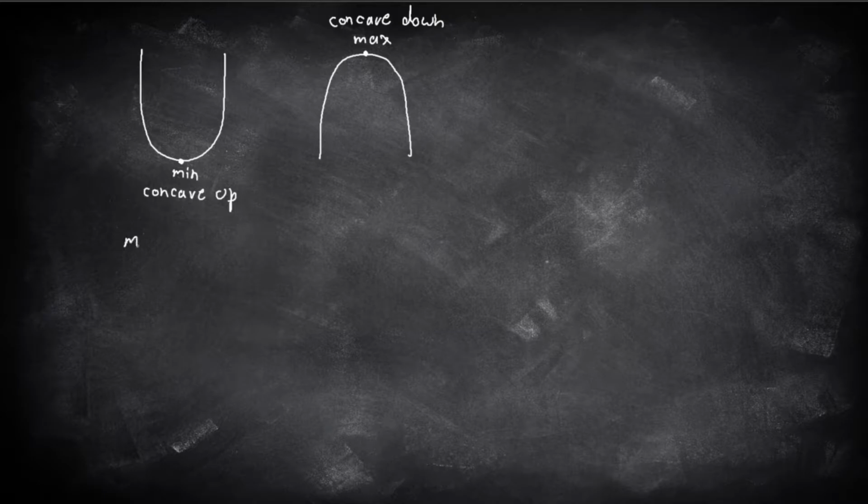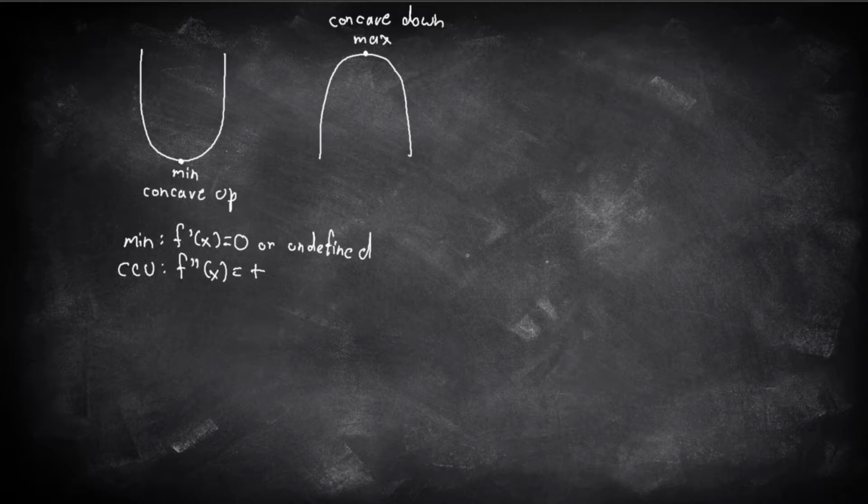What makes a minimum? Well, in our video for maxes and mins, we said that the first derivative had to equal 0 or be undefined. What about concave up? Well, for concave up, we said that the second derivative has to be positive. Now what about for max and concave down?